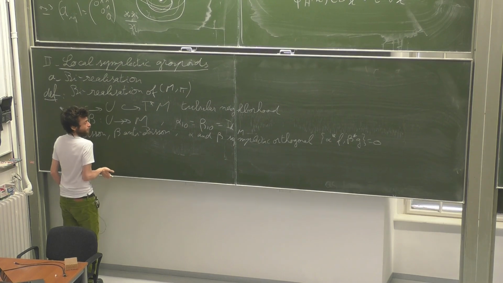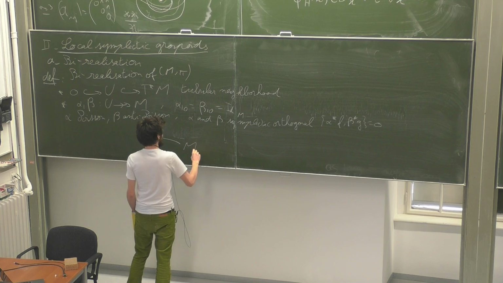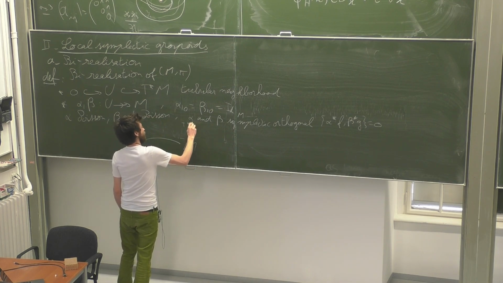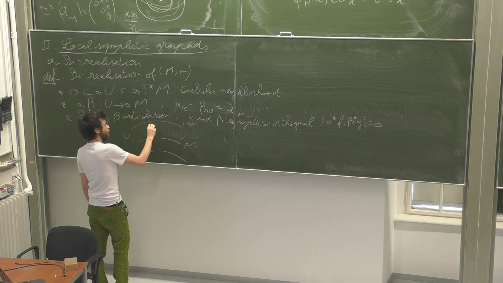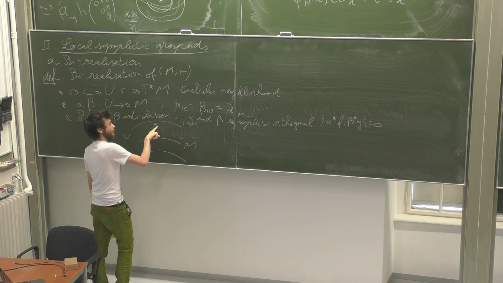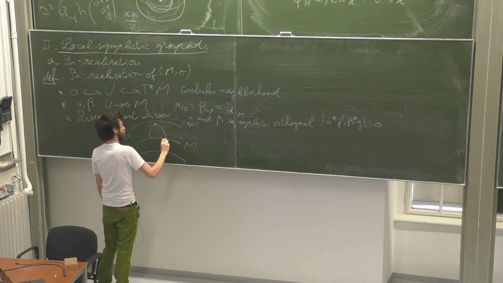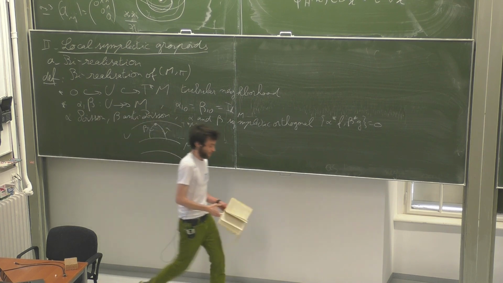So let's make a picture of my bigger space. I have M here that I identify with the zero section. I have T star M, my tubular neighborhood U, and if I have a point on T star M, I have two ways of projecting it by alpha and beta.